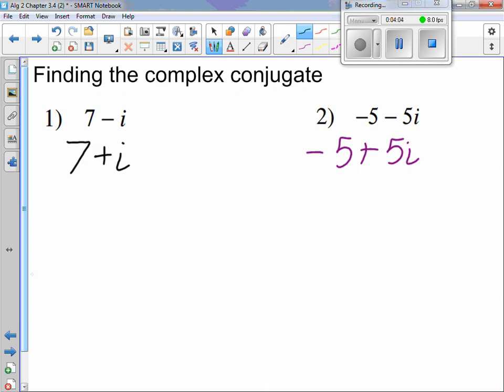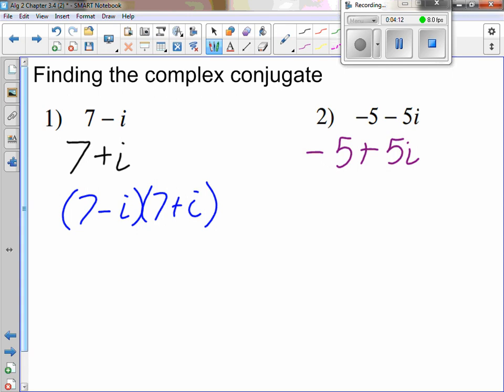Now, I'm going to show you the reason why we care about these conjugates. I don't think you quite have the space for this to be written on your page, but I'm going to multiply these out. 7 times 7 is 49. 7 times positive i is plus 7i. Are we good with this so far?